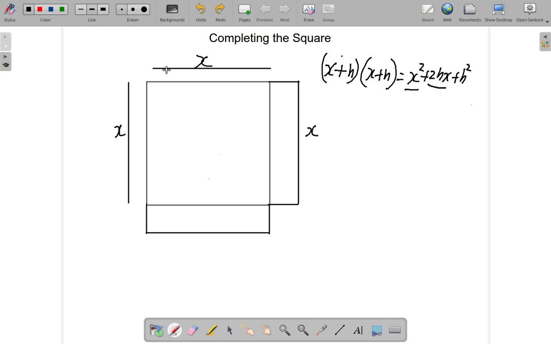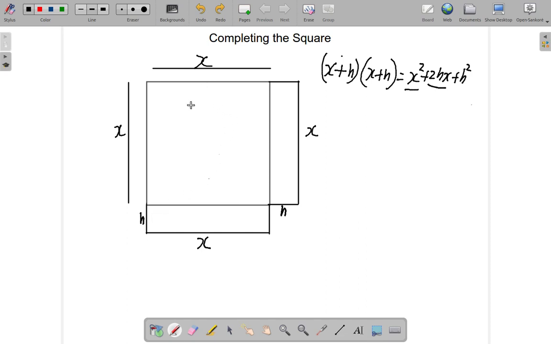The width here from here to here is the same as this width x. But how does the h part come in? Here I have h. This width is h. This rectangle is h wide. It's from here to here, which is h. And this height from here to here is h.